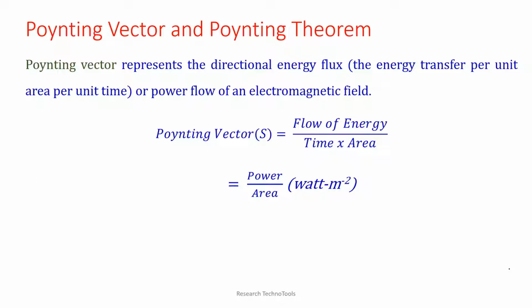Now we will start with the Maxwell equations. So we have the third Maxwell equation, which comes from Faraday's law. The equation is basically curl E equals minus del B vector upon del t.